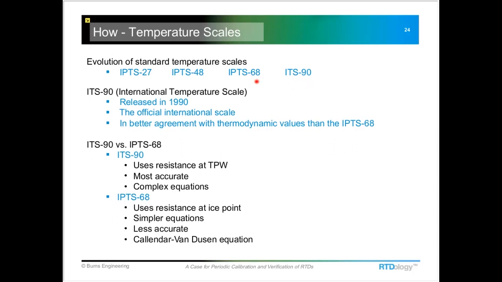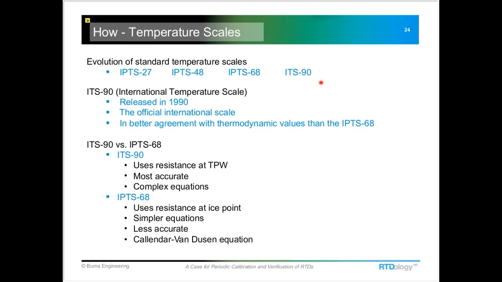Back in 1968, we had limited computing capabilities, so the equations were simpler than when it was developed in 1990, when we had the advent of a little more computing power. We could use more complex equations and get a more accurate mathematical simulation or definition of the resistance versus temperature curve.